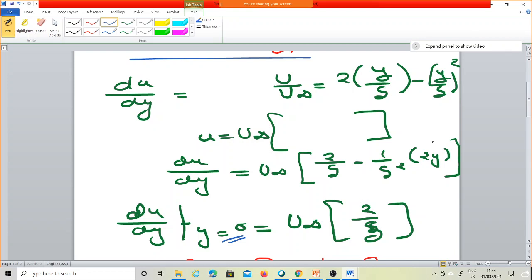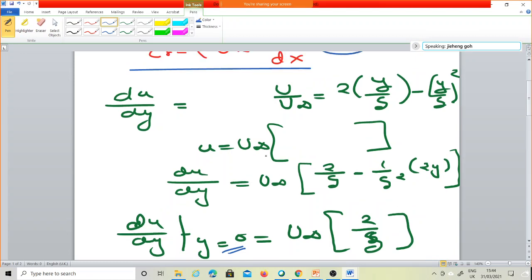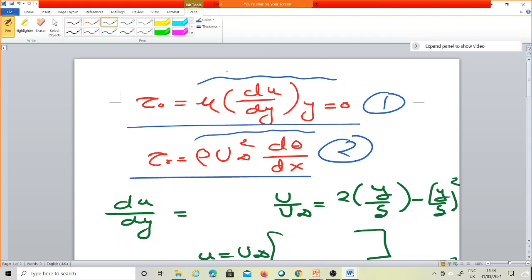We are differentiating, delta is constant. Y equals 0 is the boundary condition, is it? Not boundary condition, this is the condition for wall stress. At the wall, this should be y equals 0 because we are considering the stress at y equal to 0. This expression is for wall stress. It means the position where y is 0.